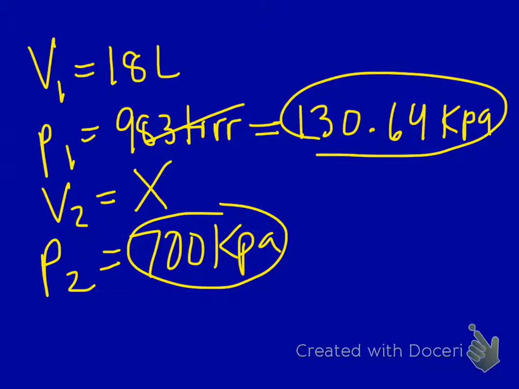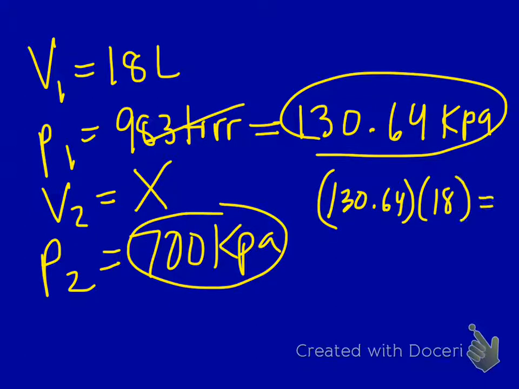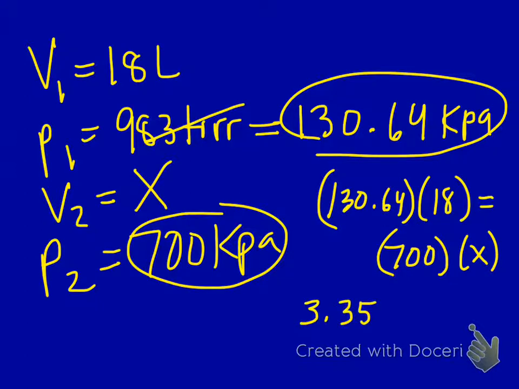So let's see. We're going to solve, and the way to solve is P1, which is 130.64, times V1, which is 18, equals P2, 700, times V2, X. And so when you solve for x, you should get 3.359 liters, which rounds, if I want a hundredths place, to 3.36 liters.